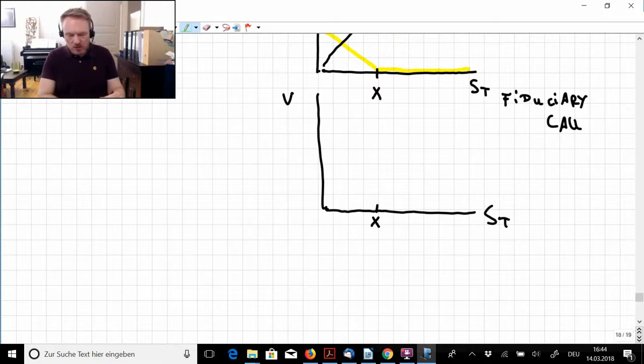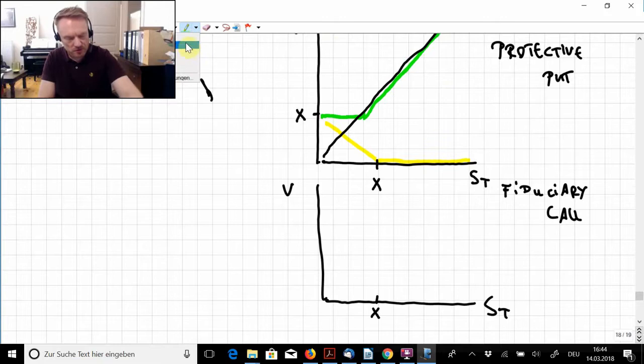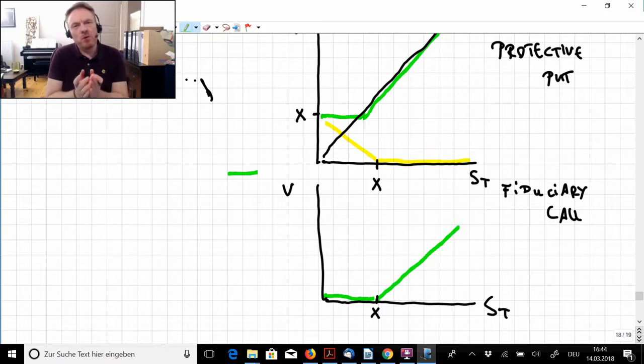First of all, there's the long call. The long call can be drawn this way, because the holder of the call has the right, not the obligation, but the right to buy the underlying asset at capital X. And of course, there's the second thing: buying the bond.